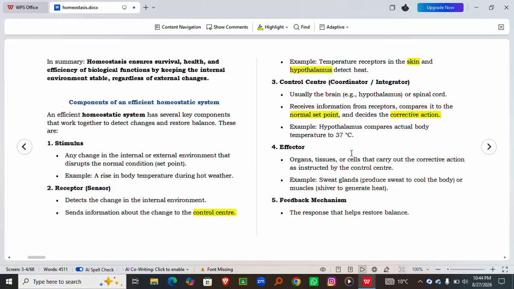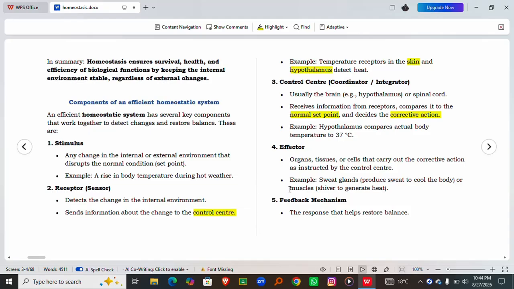So we have what we call the effector organs. These are organs or tissues or cells that carry out the corrective action as instructed by the control center. For example, the sweat glands are going to help us to produce sweat to cool the body when temperatures are too high. When temperatures are too cold, the muscles can shiver, that spontaneous contraction that is going to generate heat within the body.